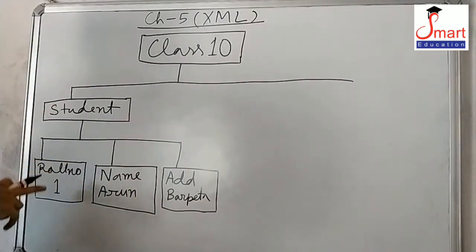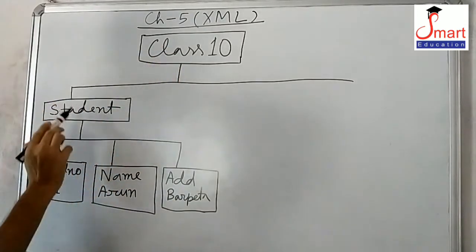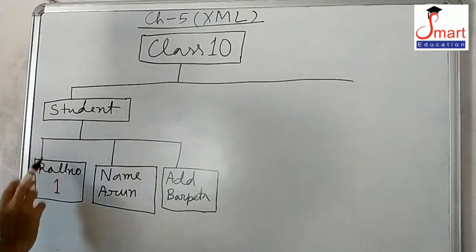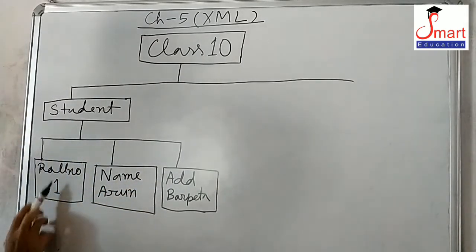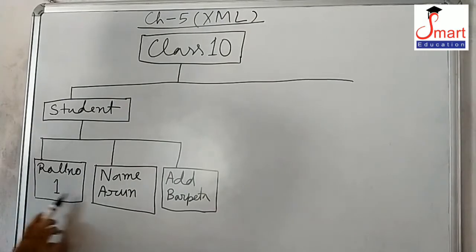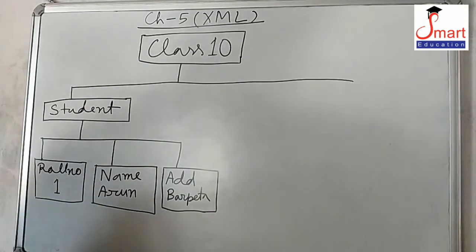So for the first student: roll number 1, Arun, address Barpeta. So this is the root element, this is the child element of the root element, and these 3 are the sub-child elements of student. So roll number, you can see content 1, name content Arun, address content is Barpeta.